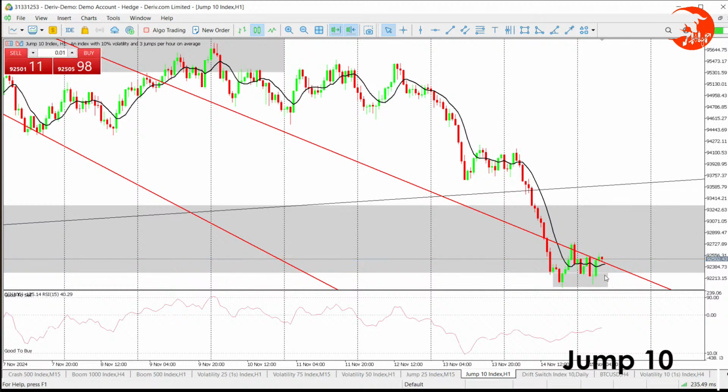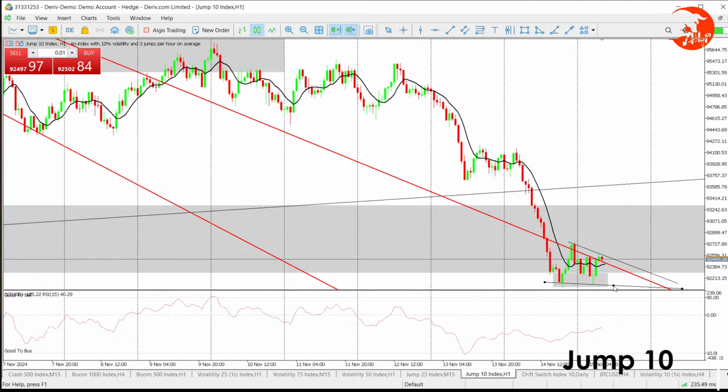What I normally love to do here, until this candle is closed, if it closes and goes into sales, that means price will be in a move like this. If that happens to be the case, that means I'll be having my descending triangle here, and we know the drill.